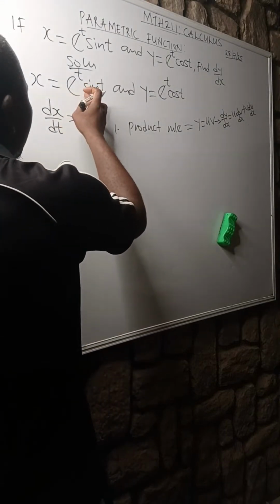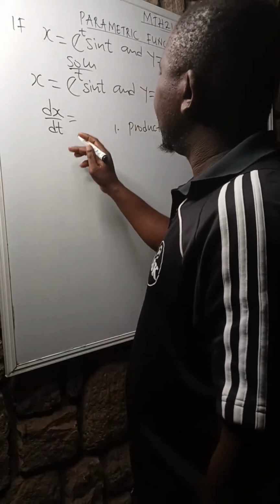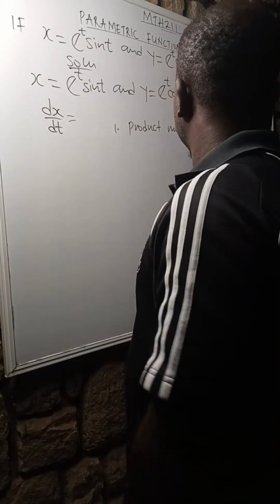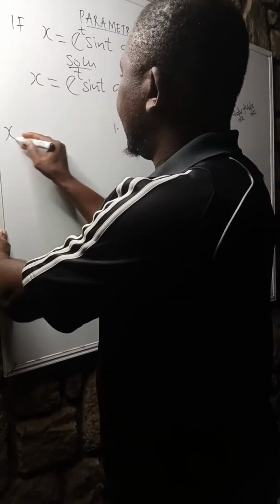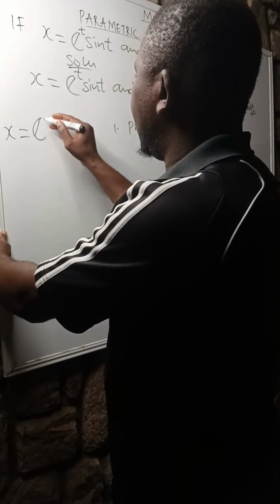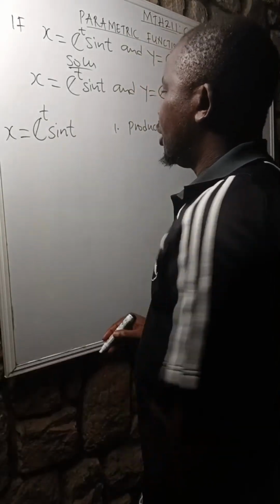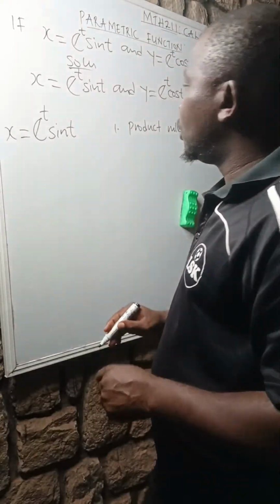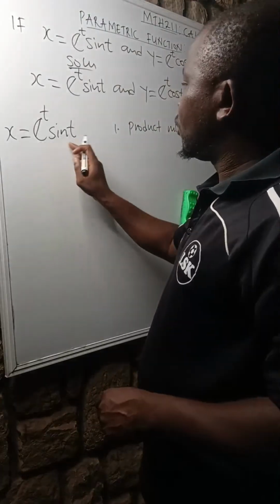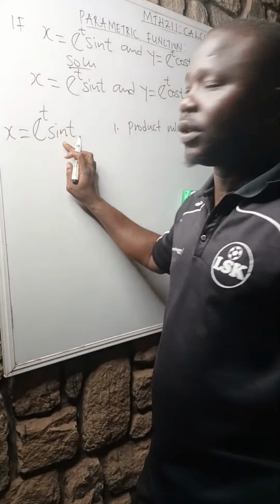Since we want to differentiate this function, here is x equals exponential t sine t, right? Okay. So now, if I were you, out of these two functions, this is one function, this is another function, true or false?